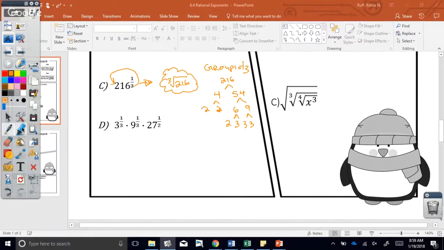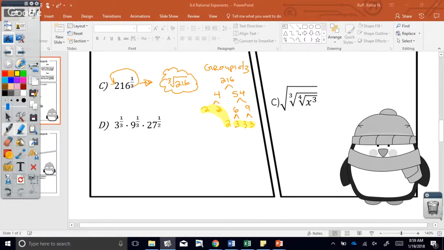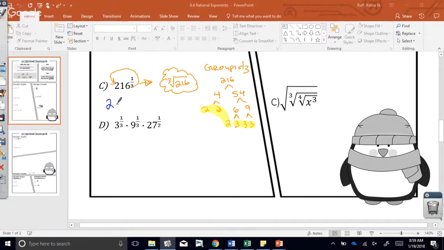Okay, so I'm looking for groups of 3. So I notice, first of all, that I have 3 2s, and I have a second group of 3 3s. So when I get ready to write this, I'm going to take out my 2s and 3s. But look, there's nothing left on the outside. And so 2 times 3 gives me a final answer of 6.